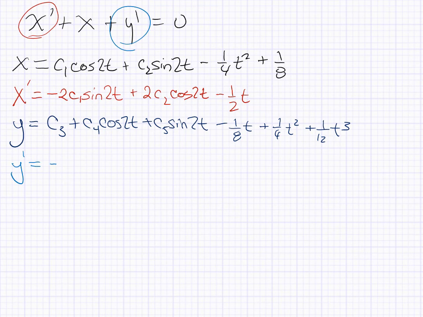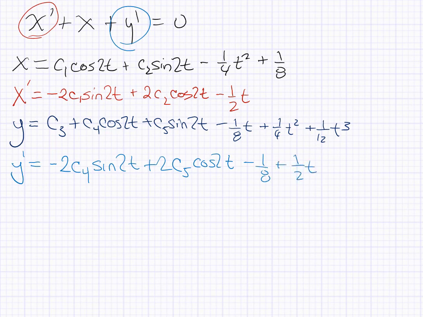We're going to get minus 2 C4 sine 2t plus 2 C5 cosine 2t minus 1/8 plus 1/2 t plus, this will be 3/12, so what's that, 1/4 t squared.